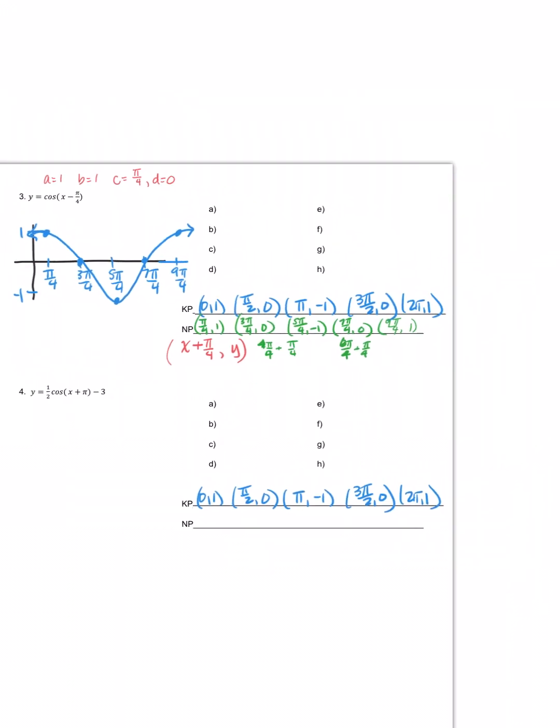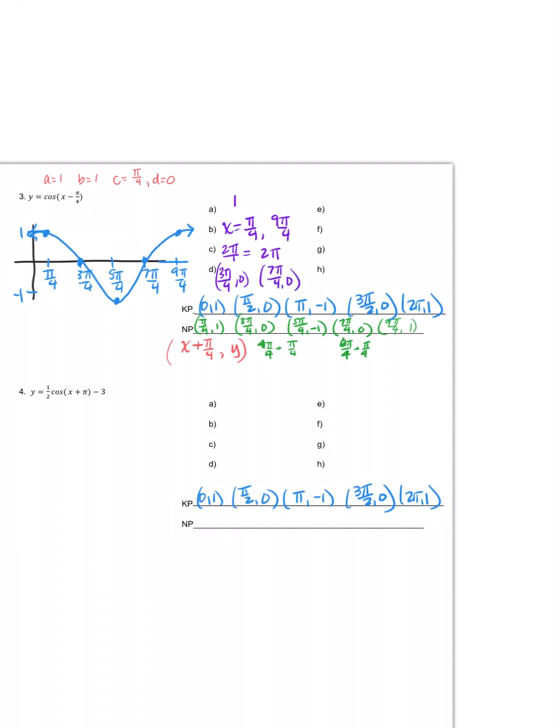Let's do our attributes, okay? The amplitude is just a 1. Where does it start and stop? It starts at pi over 4 and ends at 9 pi over 4. The period is 2 pi over 1, so it's still just 2 pi. The x-intercepts are 3 pi over 4 and 7 pi over 4.